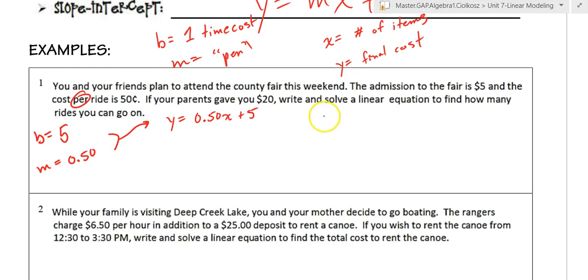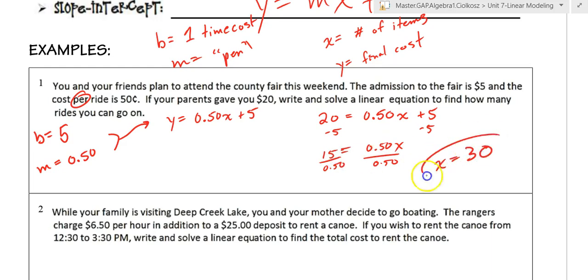So to solve, this means I'm given $20 for my y, and x is the number of rides I can go on, because it's 50 cents per ride. So solving, the two things I'd like highlighted in this answer are our equation, as well as our final answer, so I can go on 30 rides.